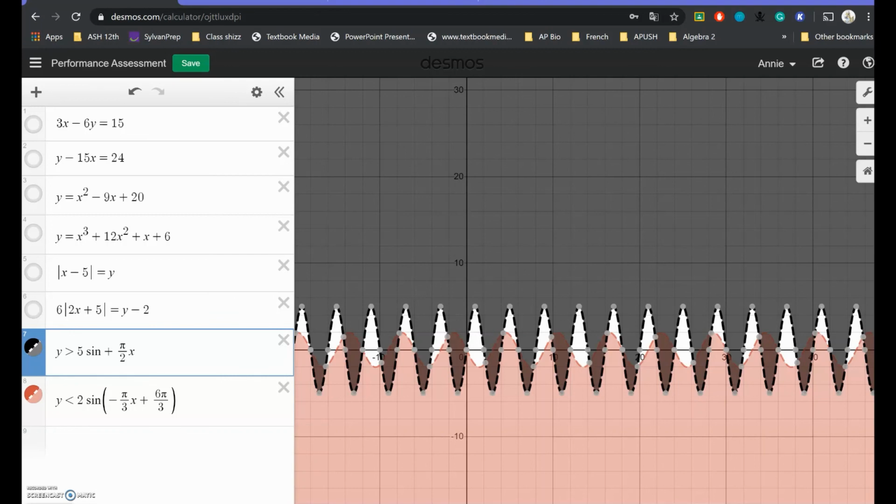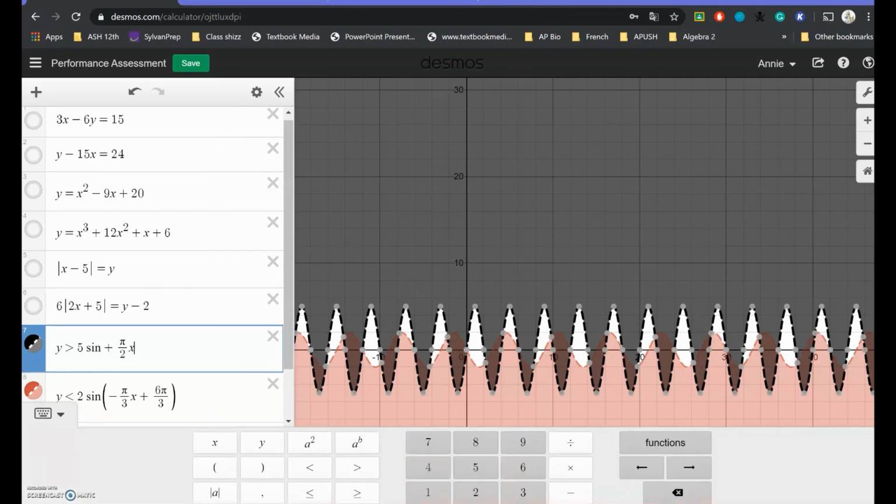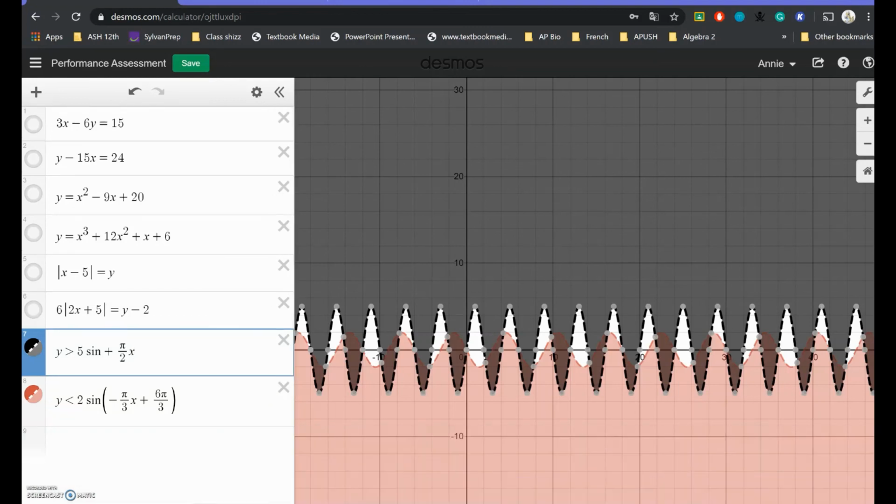To get to the pi, down here, it's actually out of frame of my video, but down there there's a little keyboard, and you click on it, and it has a little pi symbol. Then just hit your little /, and you'll be able to make your divide by sign. Easy peasy. So now you can see where these graphs would be together, and how they react with one another.